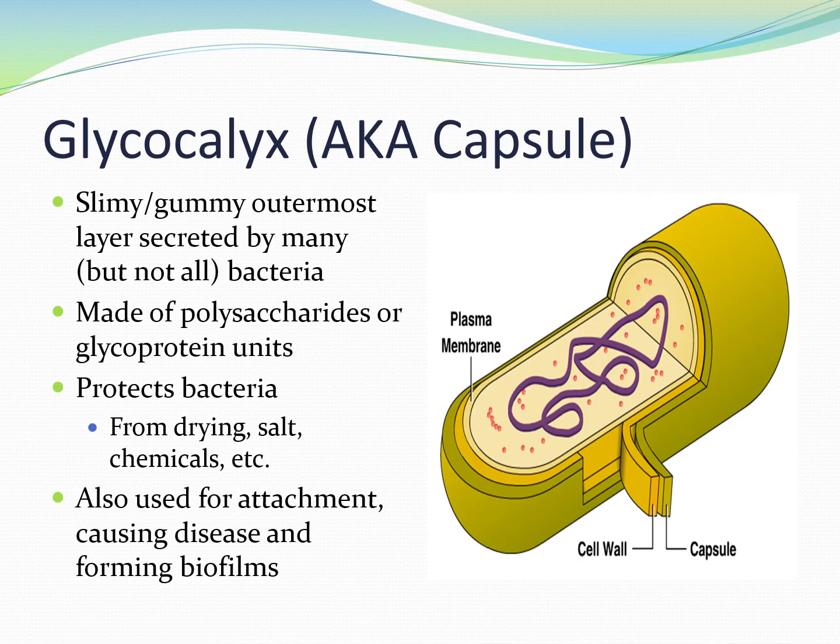They are made of polysaccharides or glycoproteins, and what this slimy, gummy secretion on the outside of the cell is going to do is help the bacteria from drying out, as well as can be used for attachment. And these guys are also going to aid in causing diseases and forming, I told you we'd talk about it, biofilms. So I'll have a couple examples of some biofilms here coming up.